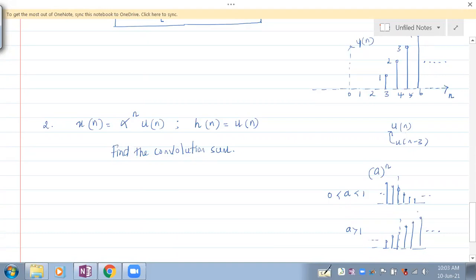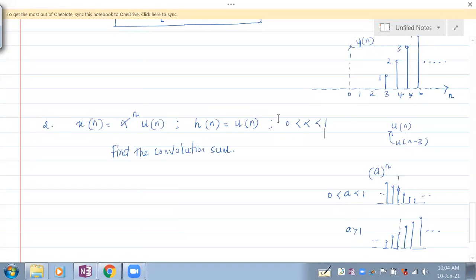Understand? So this is an exponential signal, and whether it is growing or decaying depends on what a is. And here they've given us alpha to be greater than 0, less than 1.